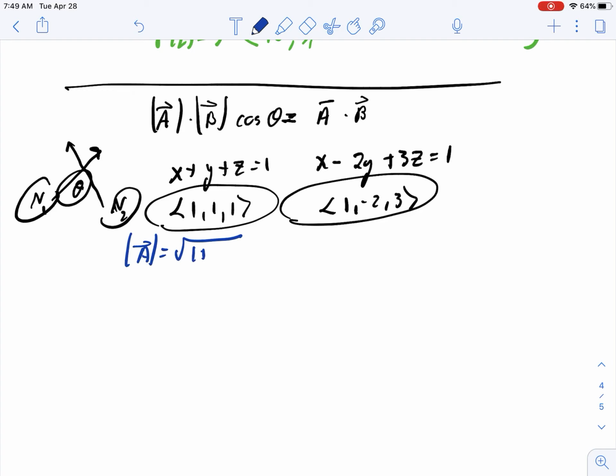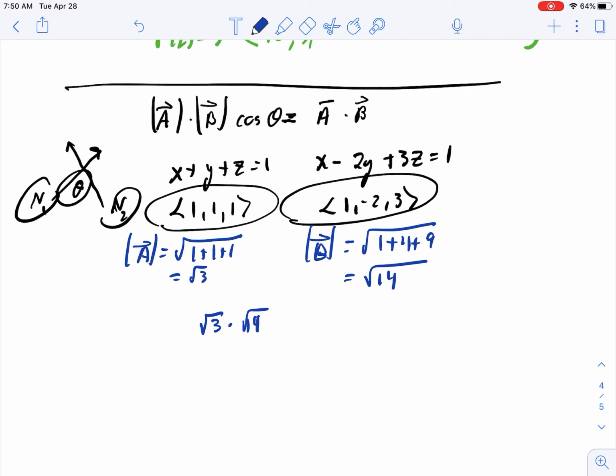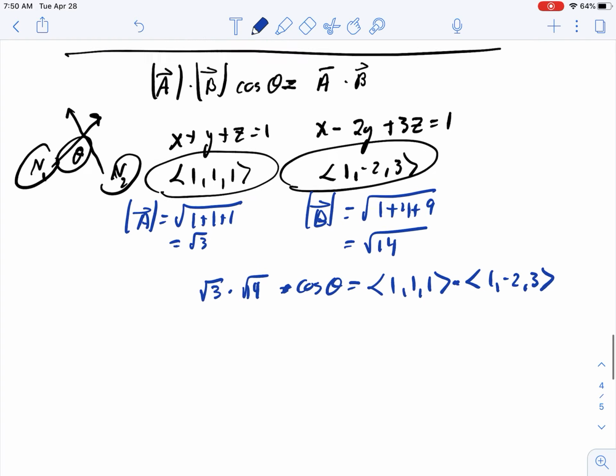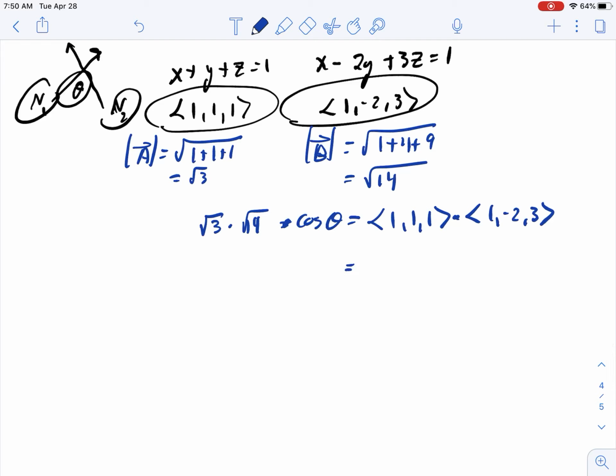So first, the magnitude of A. Excuse me. So square root of 1 plus 1 plus 1, we're at 3. Magnitude of the other one, B. We're at 1 plus 4 plus 9. We're at 14. So you have root 3 times root 14 times cosine of theta. And then we're going to dot 1, 1, 1 with 1, -2, 3.